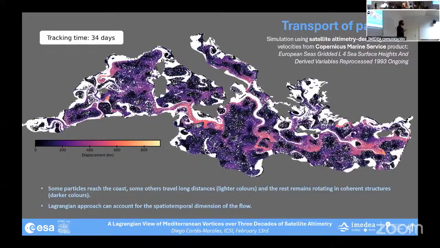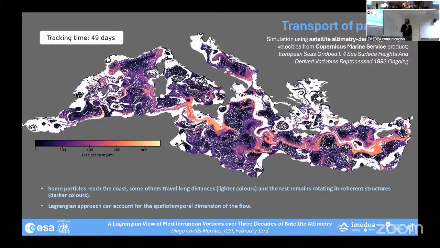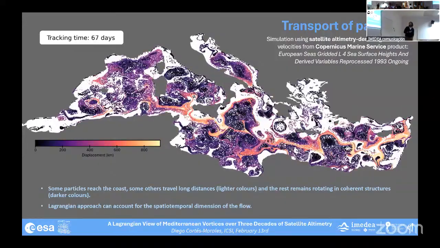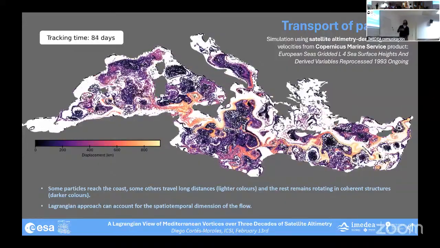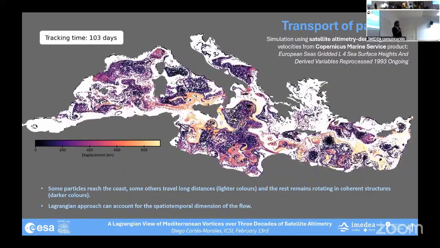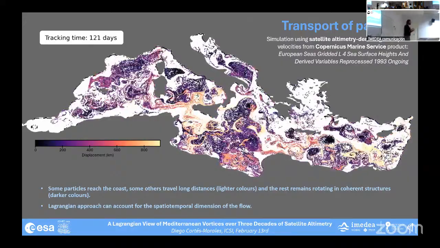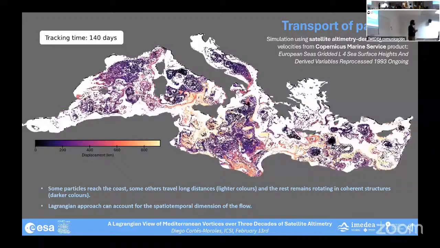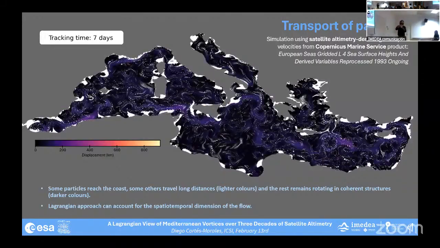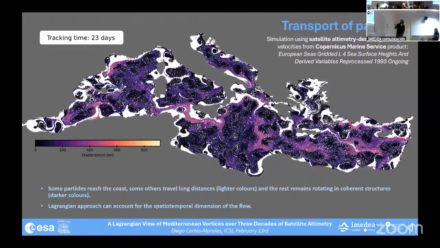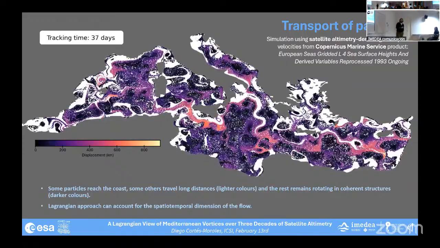So, as I said before, we're going to use this variable field from satellites to do simulations of particles. We talk about particles, but you can imagine them as water parcels or small in situ drifting platforms, and we can simulate their trajectories.